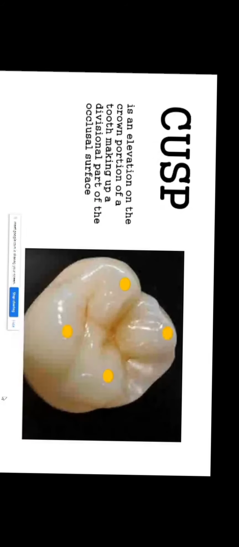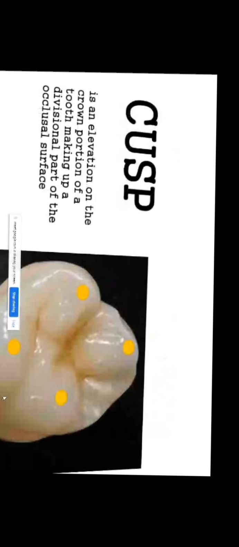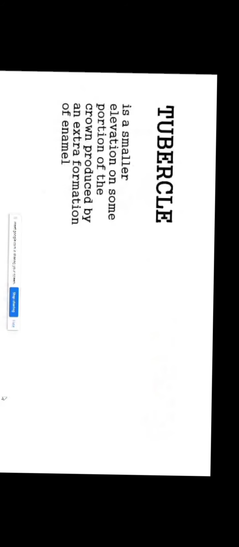So again, that's the cusp. Next we have the tubercle. It's a smaller elevation on some portion of the crown produced by extra formation of enamel. A tubercle is not really an anatomy but more of an anomaly. Again, a tubercle is not always present.